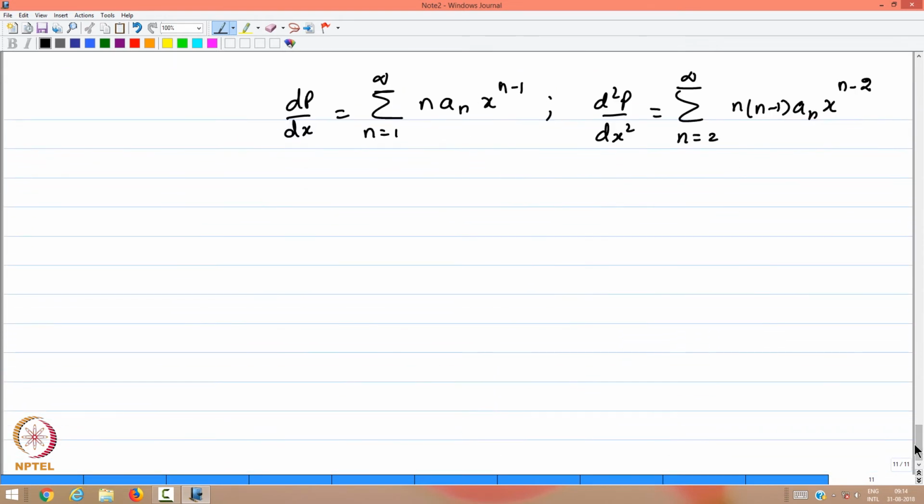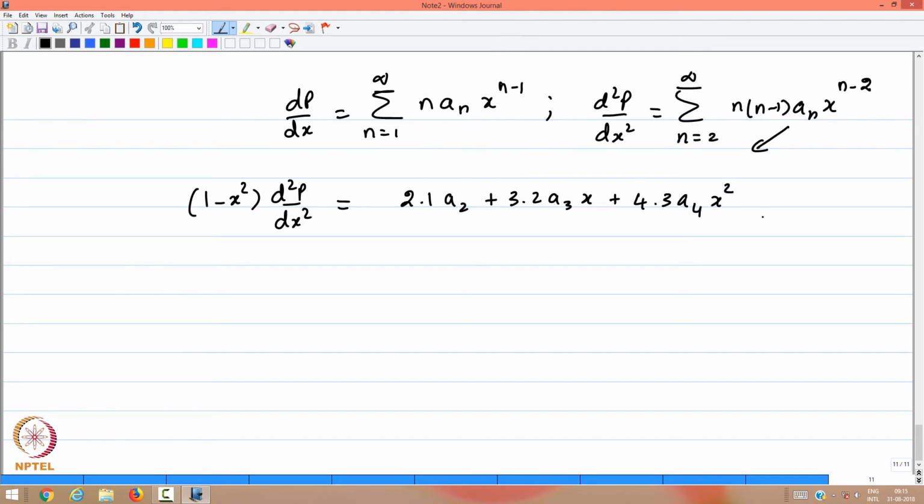Therefore, the equation that we have to do is to find out the term 1 minus x square d square p by dx square. So, let us write this explicitly. Okay. The 1 times d square p, the first term will be this, namely 2 into 1 into a2 plus 3 into 2 times a3 x plus 4 times 3 a4 x square, that is this term.